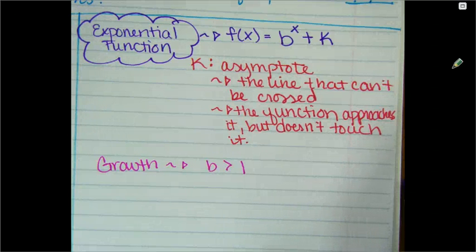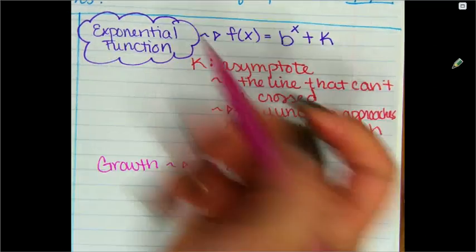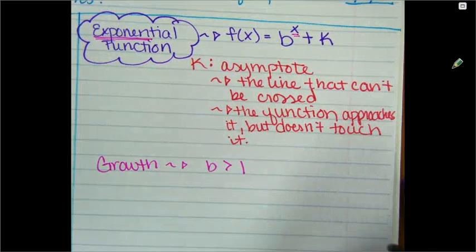If you notice, your variable is located in the exponent, right? So your variable is in the exponent, which is why you have an exponential graph. This is why it's exponential.